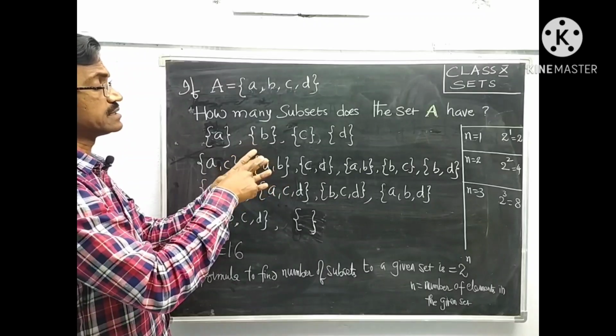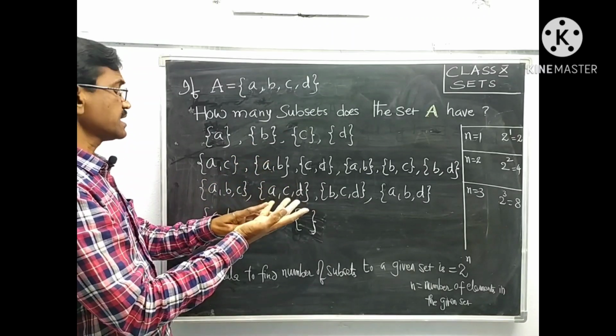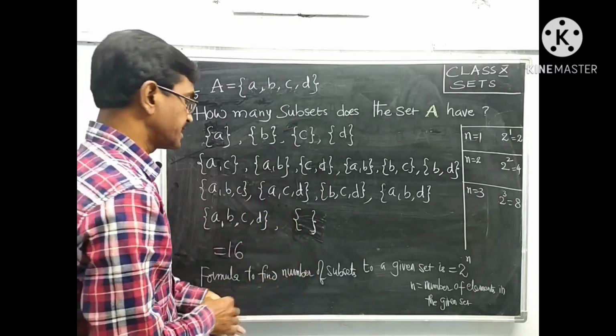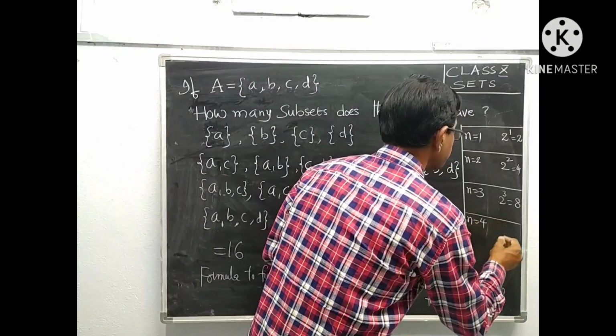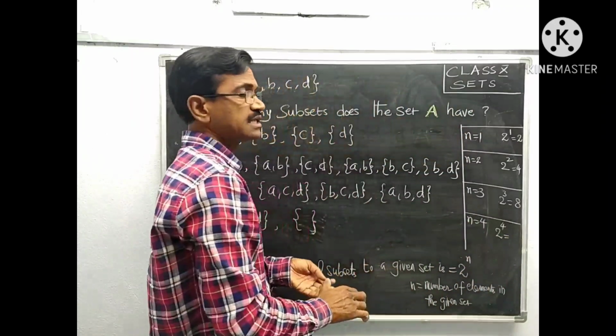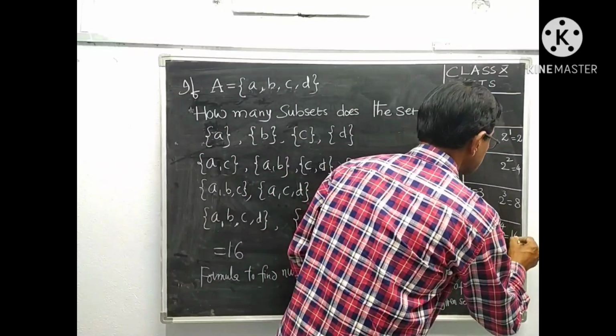A, B, C, AB, AC, BC, ABC, and phi. So 8. If there are 4 elements in a set, we can write 2 to the power of 4 subsets, that is 16.